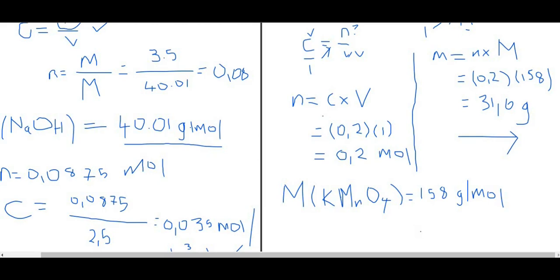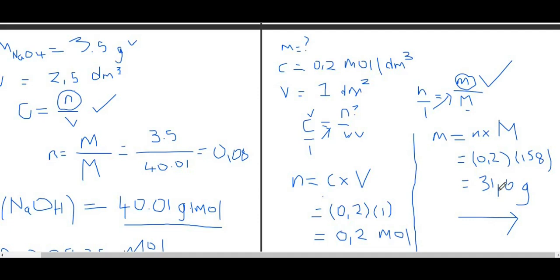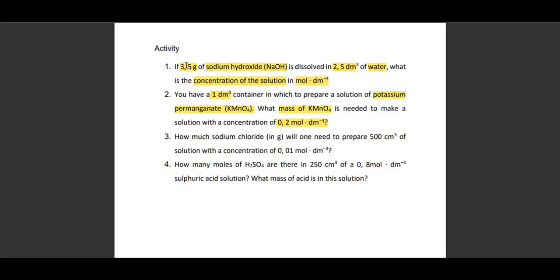So what does that mean? This means that to get a concentration of 0.2 mole per cubic decimeters, I will need to dissolve that 31.6 into this volume. So that is what it means. Let's move on to another question.